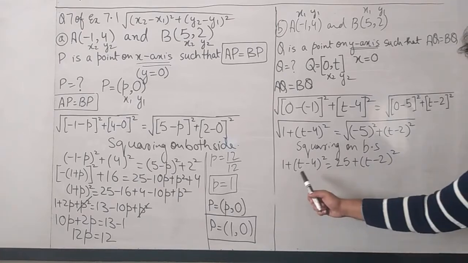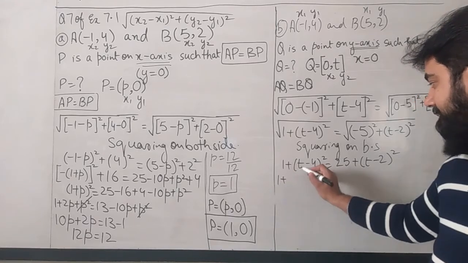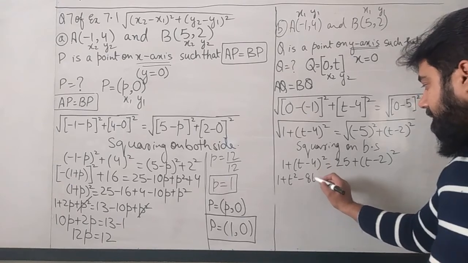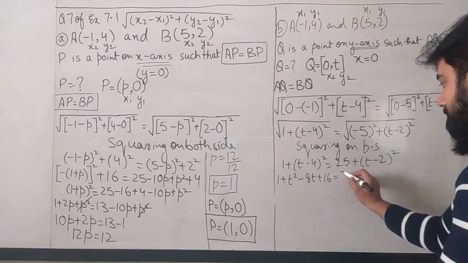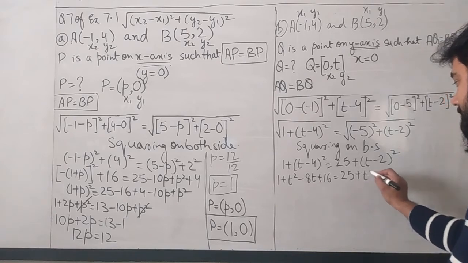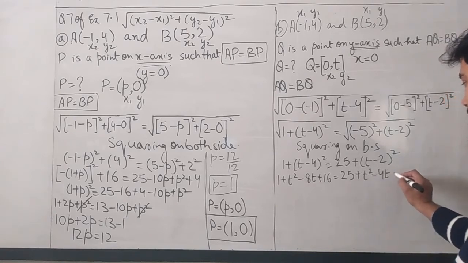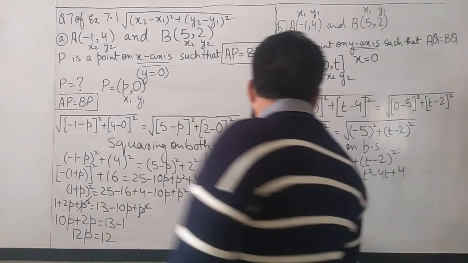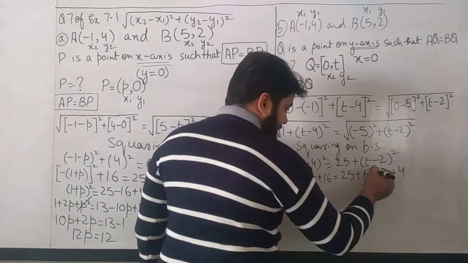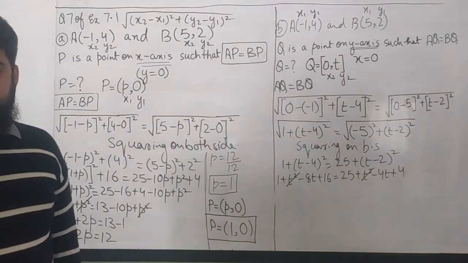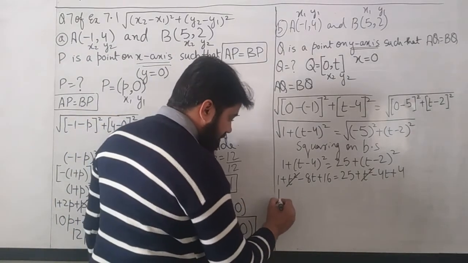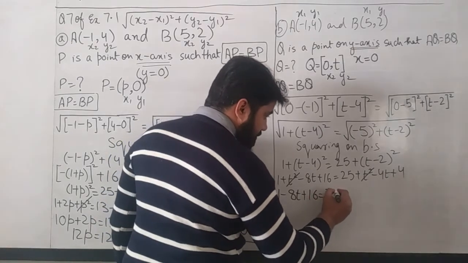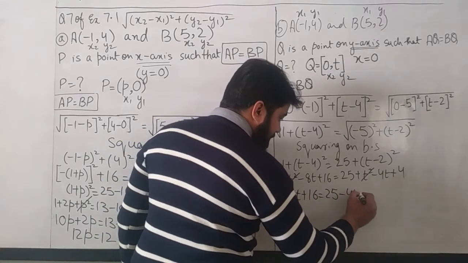Okay, after that, expanding this, t square minus 8t plus 16 equals to 25 plus t square minus 4t plus 4. Okay, t square and t square will be cancelled. So what will remain over here? 1 minus 8t plus 16 equals to 25 minus 4t plus 4.